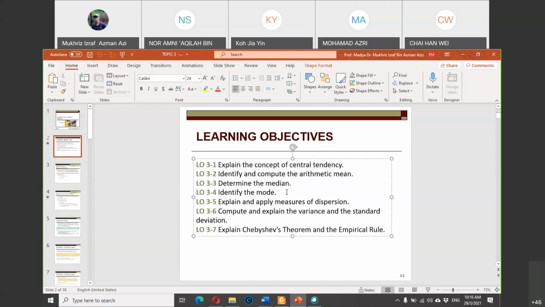And then in the following class this week, we're going to cover the measure of dispersion, because once you understand the concept of central tendency, then we proceed to the second part, the measure of dispersion, and also finish up the empirical rule. I don't expect to spend more than 2 weeks on this. The most we're going to do is 3 classes, this week and perhaps next Monday.